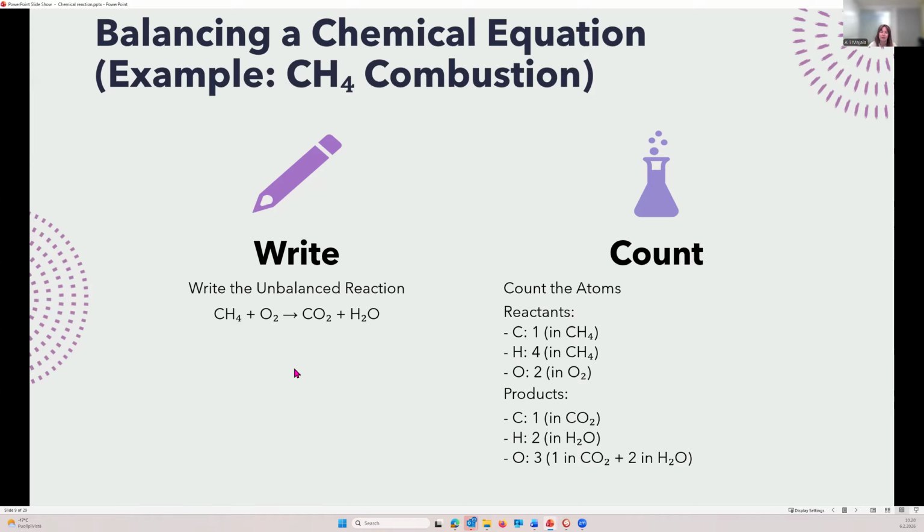So here, for example, there's only one carbon, but then hydrogen, here you have 4, because here is the number 4. But here you have only 2. And then also oxygen, here you have 2. And here you have also 2, but here still 1. So that's 3 in total.